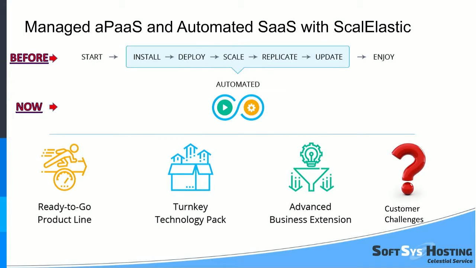You never know whether the resources allocated to an environment are correct or whether they are high or low. Thereafter, you replicate onto different development, testing, staging, or production stack setups. All of that is done manually. And lastly, you update as required before you can enjoy.